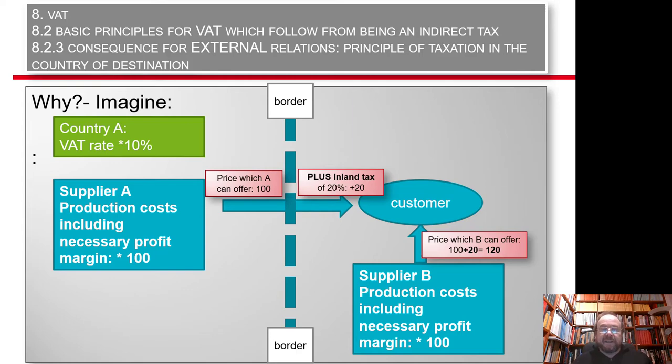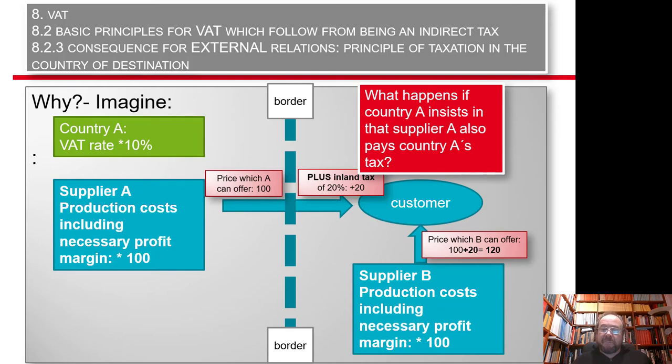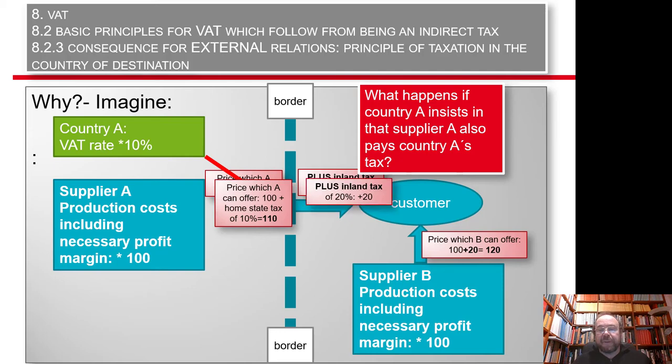If now the inland tax also comes on top, then we have a price of 110 at the border plus 20, or better, it would now probably be 22, because the net price at the border is 110 now.